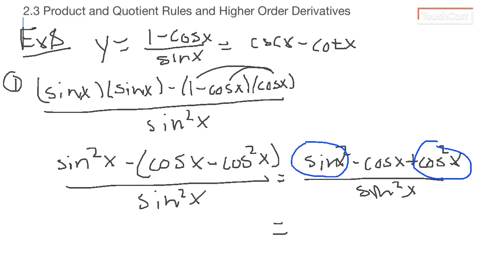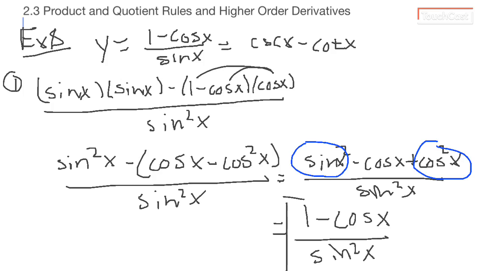So the derivative is going to be 1 minus cosine x over sine squared x. And there's nothing else we can do there, so that's it. Let's also find the derivative of that other form, cosecant x minus cotangent x.